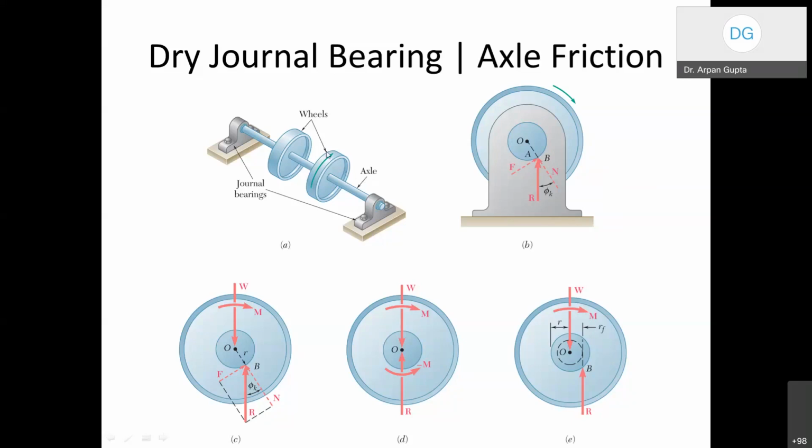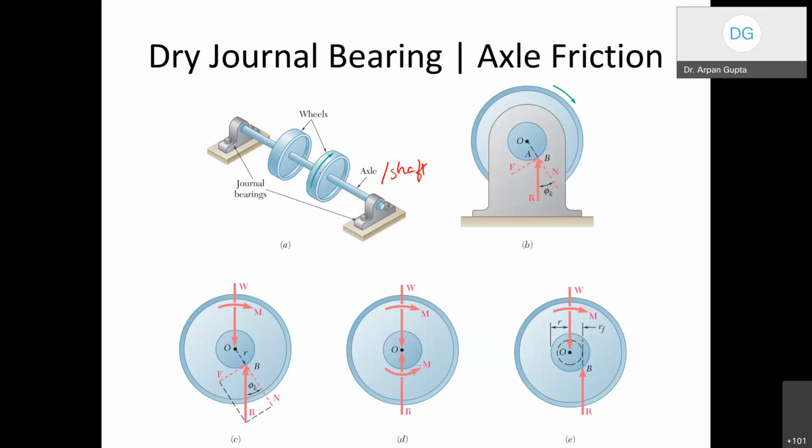So here you can see that we have, let's say, two pulleys or two wheels. These are mounted on a shaft. The shaft is also called an axle. With this green arrow it is going to rotate in a particular direction.